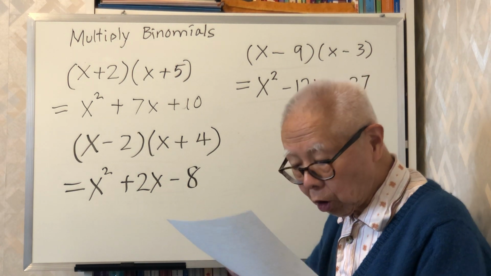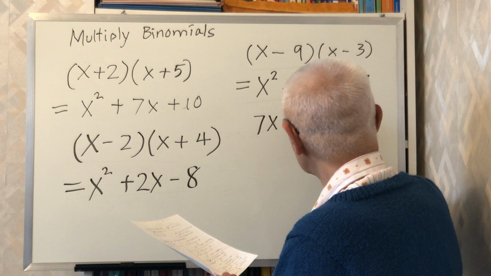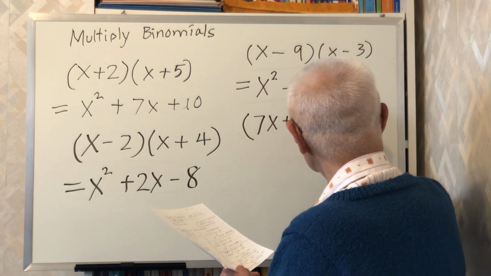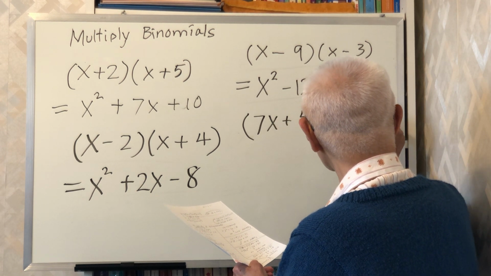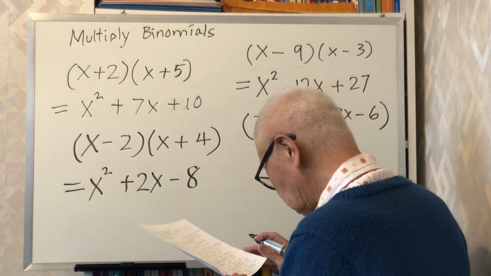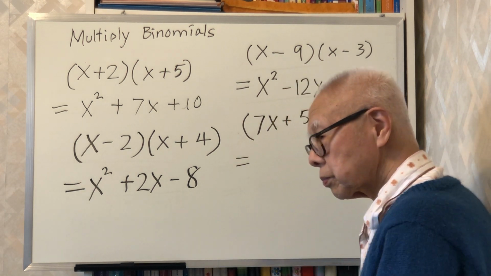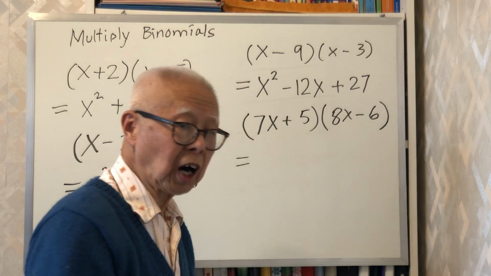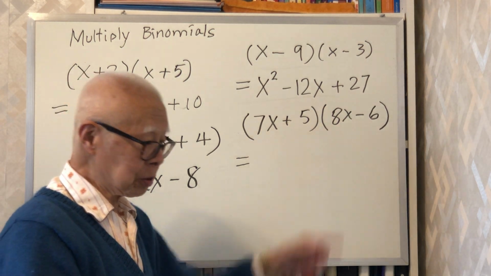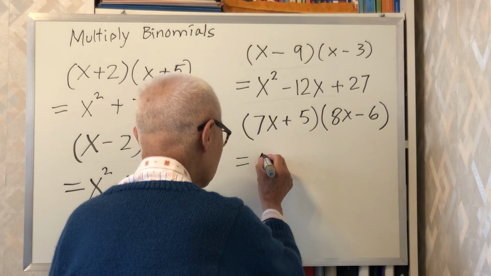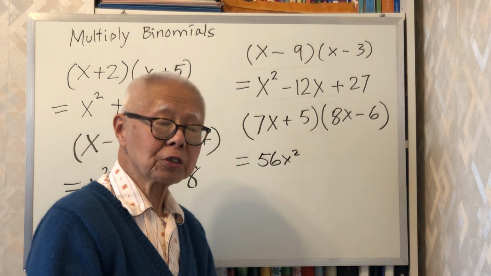Let's make it a little more complicated. How do you do this one? 7x times 8x. How about the middle term?